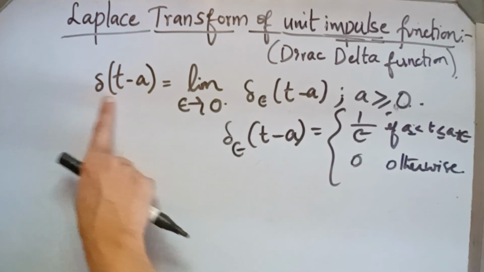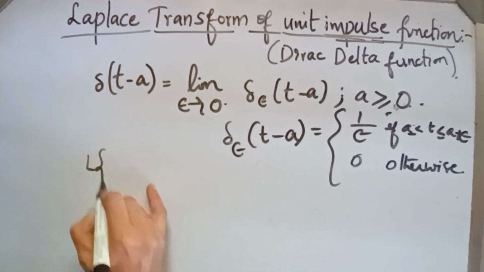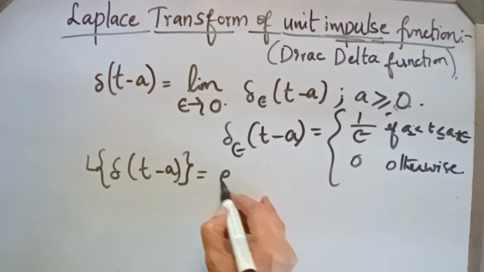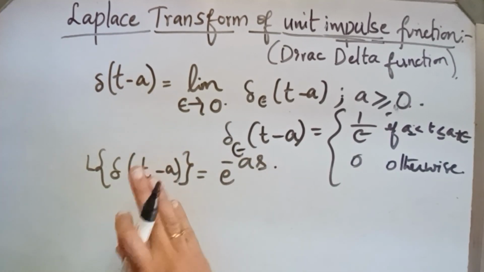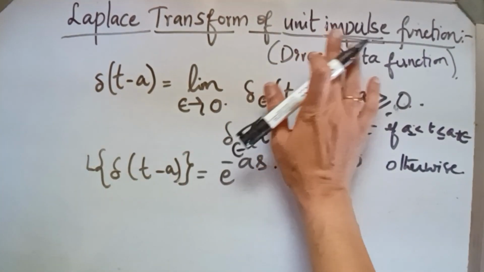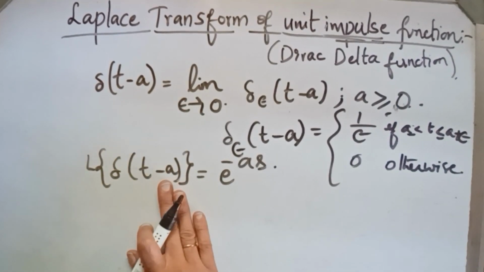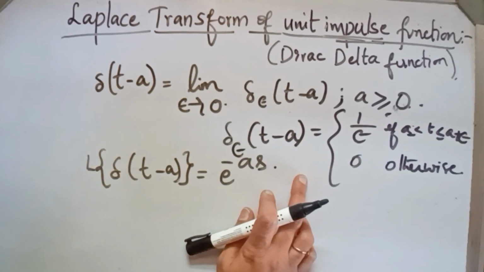So this is how we define the Dirac delta function, and the Laplace transform of delta of t minus a is given by e to the power minus as. In the case of the unit step function, you had e to the power minus as into f of s to get the Laplace transform of f of t minus a into u of t minus a.